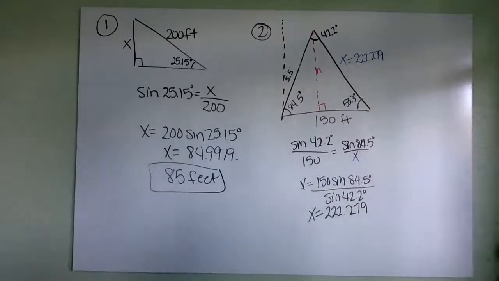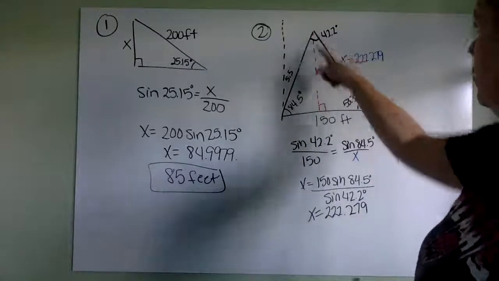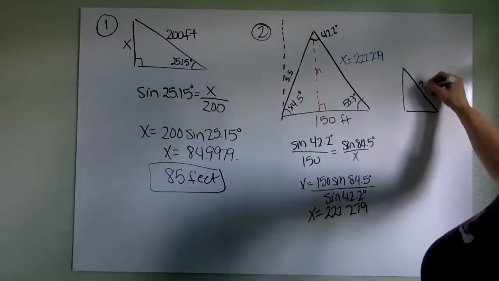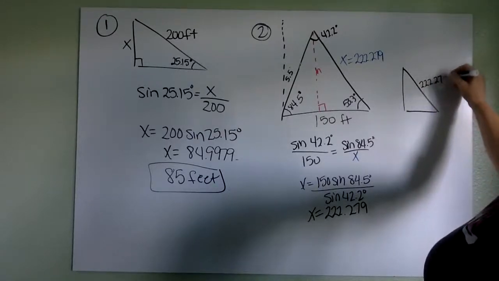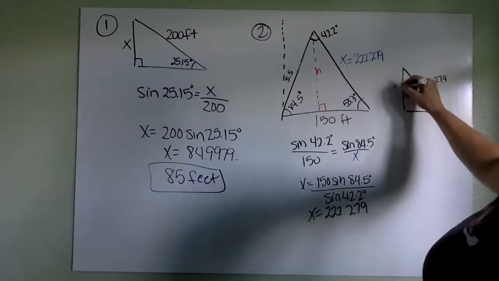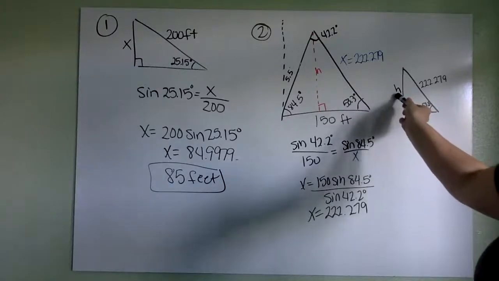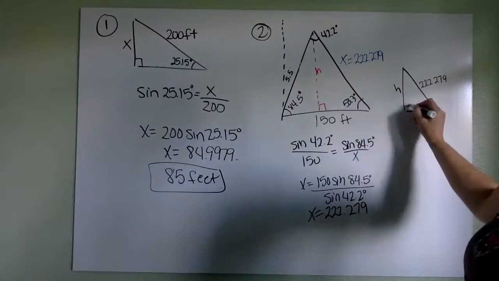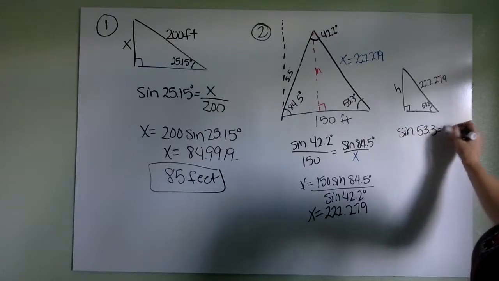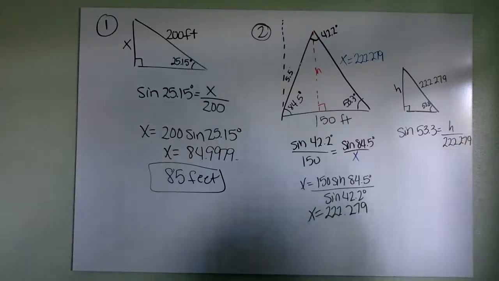Okay, so now we're going to think about this right triangle. I'm going to redraw it right here, where this side is the 222.279. This angle right here is the 53.3, and the H is the other leg of the triangle, this one here. Since this is a right triangle, I can use the sine of 53.3 equal to H over 222.279.